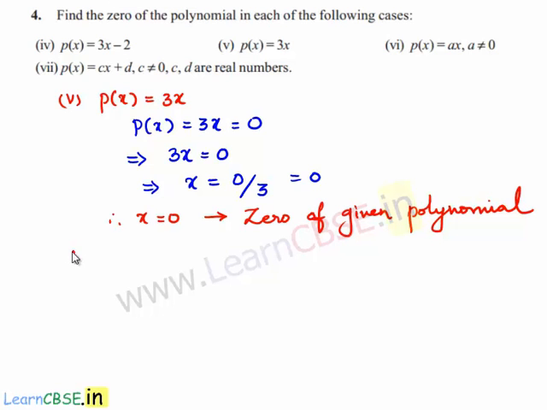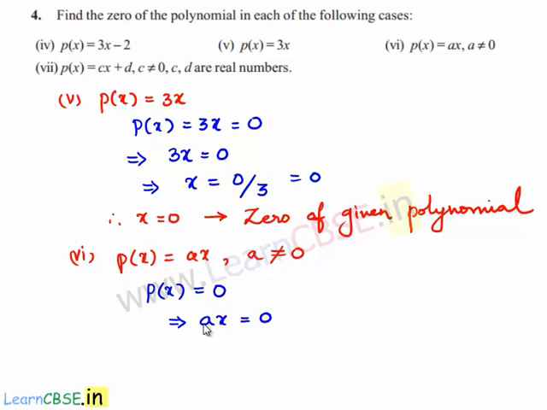Now let us see the sixth bit, which is given as p of x is equal to ax provided a not equal to 0. So a is a number which is not equal to 0. So let us first equate the p of x is equal to 0, which gives a times x is equal to 0.